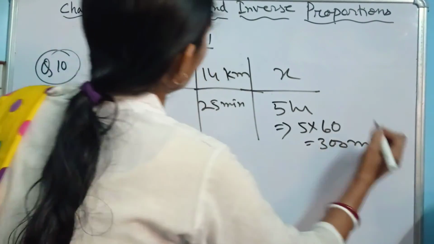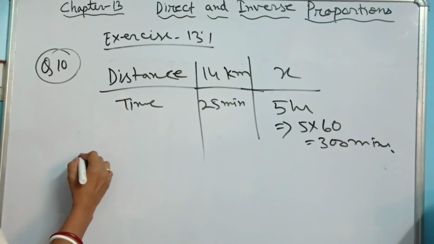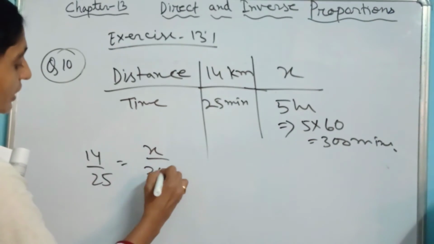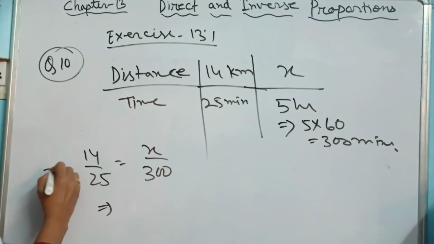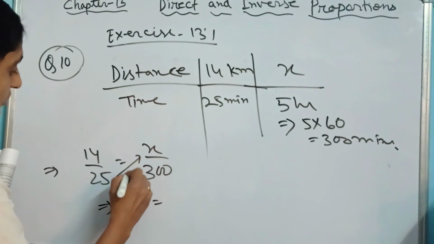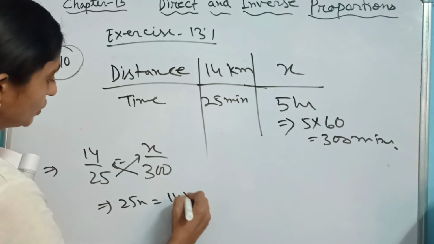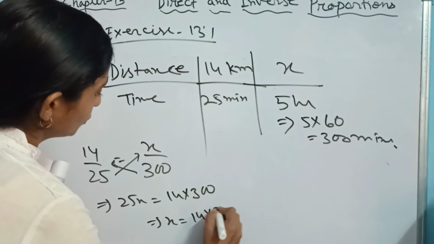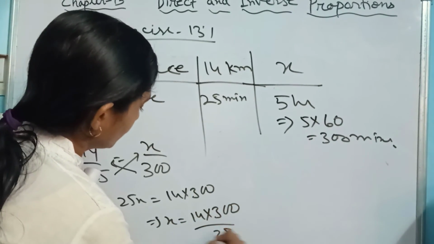Let's present it. It will be 14 by 25, which is equal to x by 300. So what will be the distance? That is equal to 25x. We are doing cross multiplication. After that we are getting 14 into 300. So x is equal to 14 into 300 divided by 25.